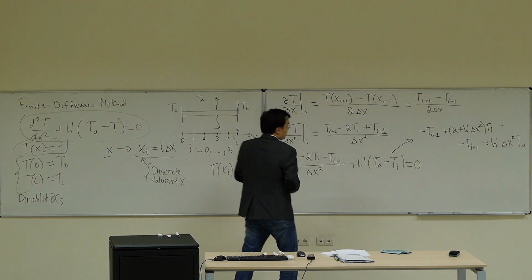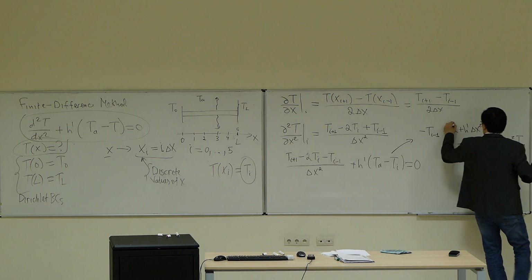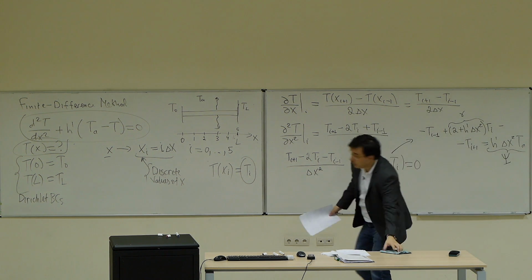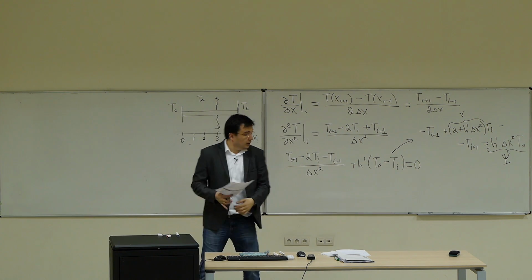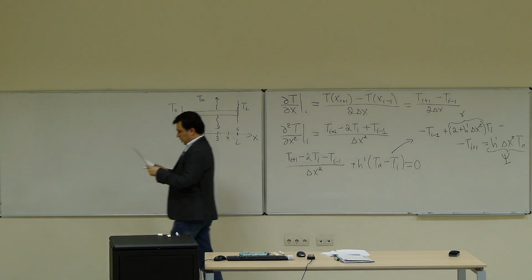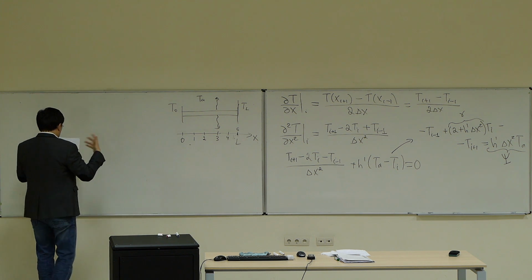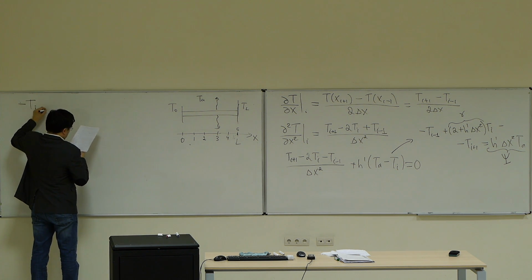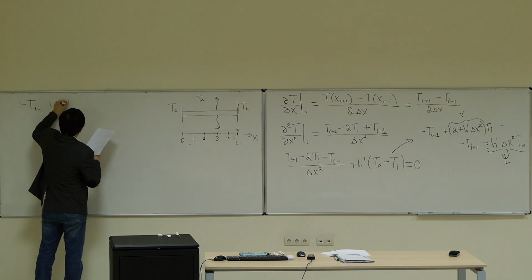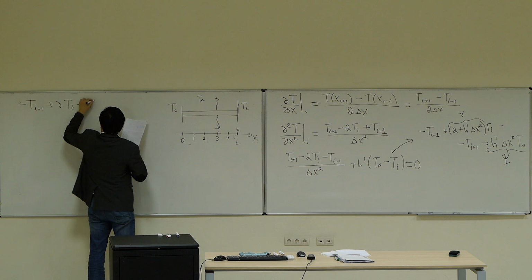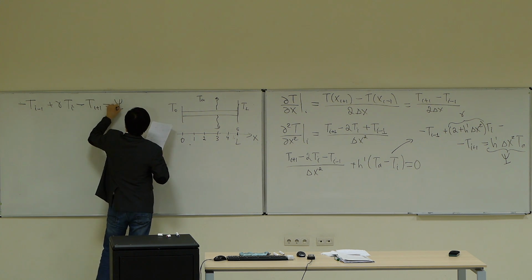To make the notation shorter, I'm going to call these guys gamma, and I'm going to call these guys psi. So let me rewrite this equation using these new quantities which I introduced. It becomes minus T_{i-1} plus gamma T_i minus T_{i+1} is equal to psi.